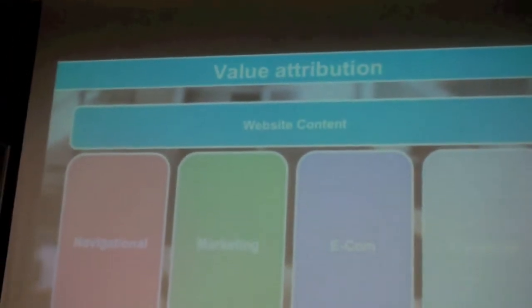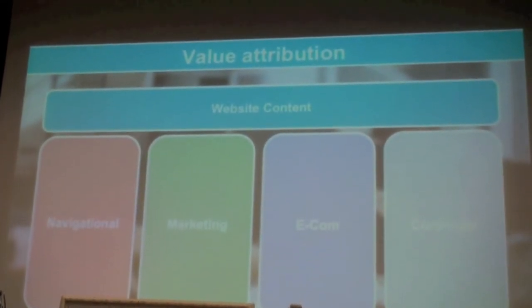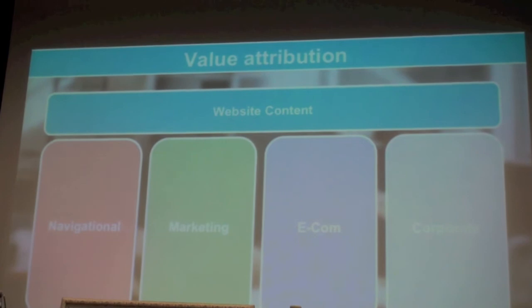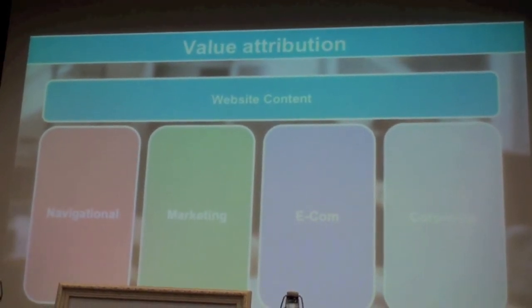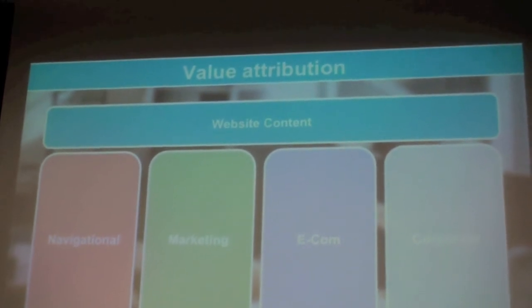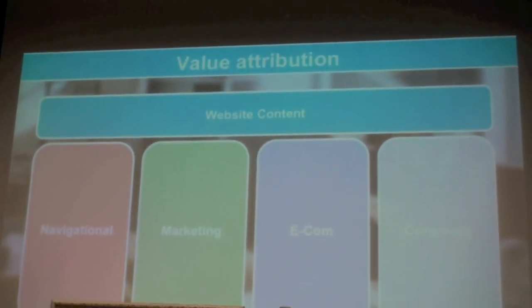Something that can be done today, if you've got Google Analytics on your website, you can do value attribution. And this is an incredibly basic version of attribution. So you set up content grouping at an incredibly high level. Use one of the content grouping options on your website and split your website into sections like this: the corporate section, the e-com section, the marketing pages, so the landing pages, etc., the navigation pages, so your category pages.